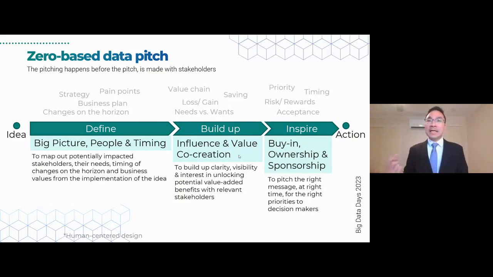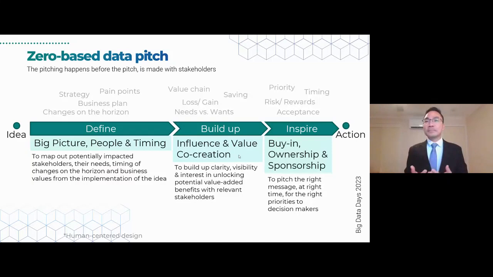But only 1 out of 10 actually starts to build up influence through value co-creation with peers, through early feedback, and guidance from senior executives. That 1 out of 10, or 10%, tends to have a better chance of getting through the endorsement phase, having the idea presented in front of the leadership team, and securing the funding.